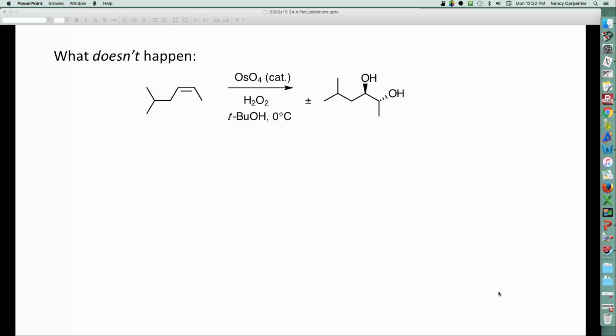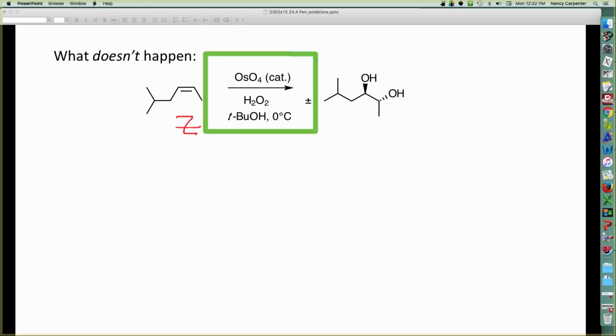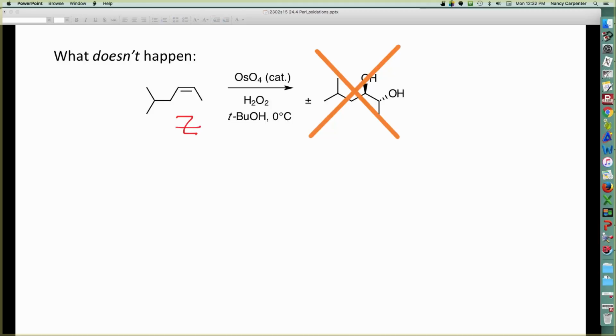Here is an alkene with a specific stereochemistry. We have the Z alkene. Addition of my oxidizing agent that has the specific mechanistic requirements of syn addition would not give me this. Okay, so this is not going to happen.